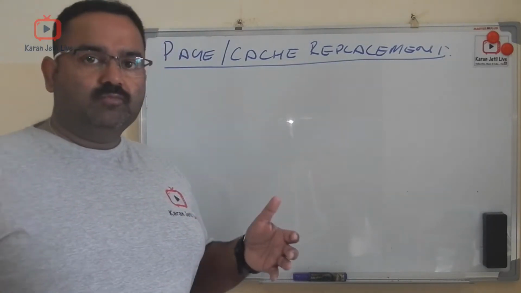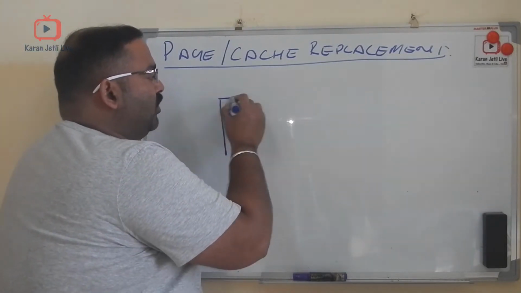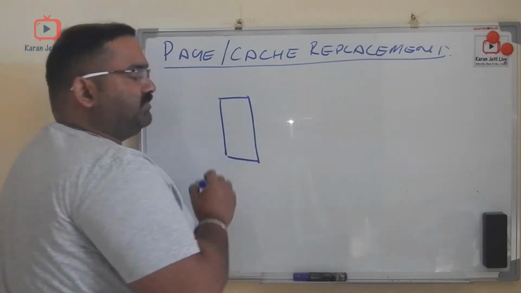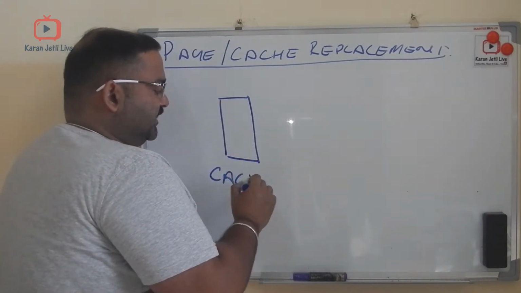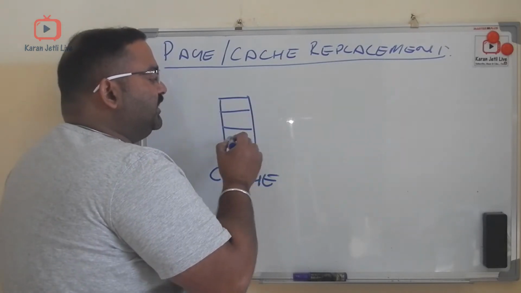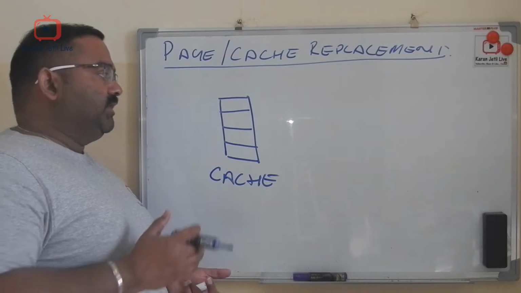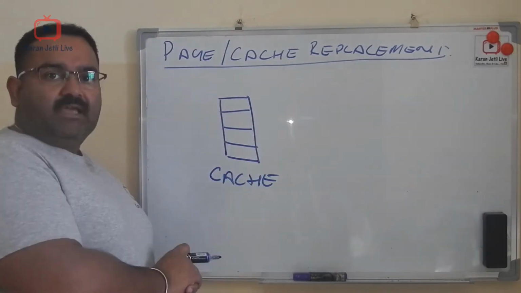Now all of you know, in your computer system we have one small but very fast memory called cache memory. All the frequently needed data which the CPU needs again and again is stored in the cache memory.